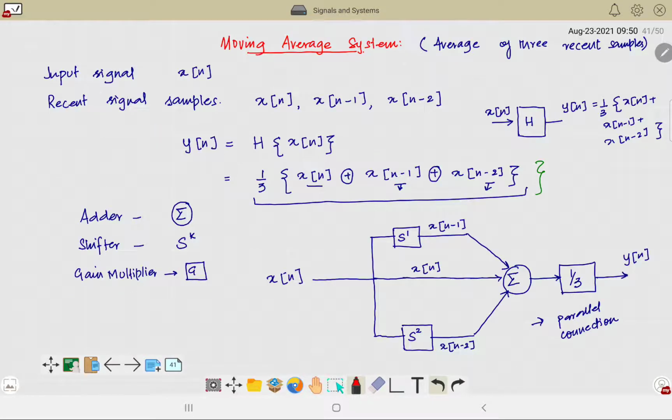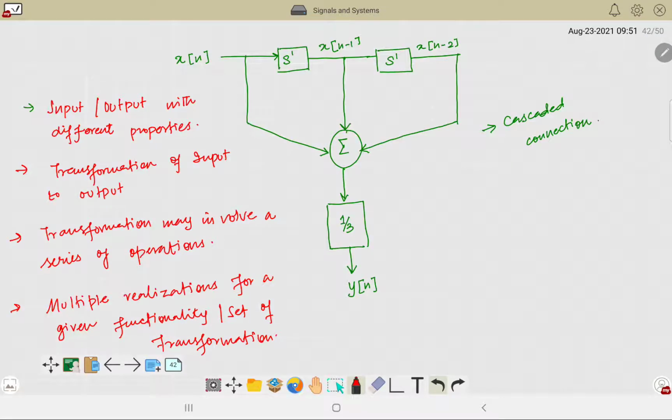Like in this case, I can also have multiple other connections, but I did only 2 just to put forward the point that for a given functionality, for a given transformation, you can have multiple realizations, you can have multiple implementations.